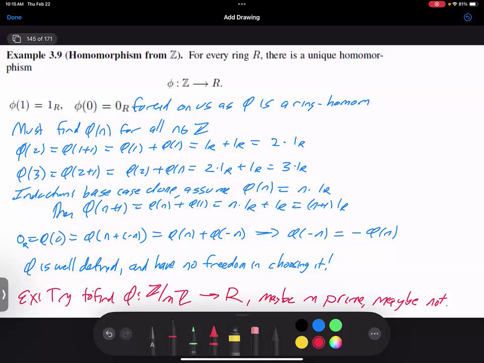But it's quite telling that for the integers, there's only one possibility. Well, now that we have that, let's look at some other things. So try looking at Z mod MZ. And maybe the answer depends on M. If M is prime, things are nicer than when M is not prime. So that could come into play, or maybe it doesn't. But again, I'll leave that for you to think about.